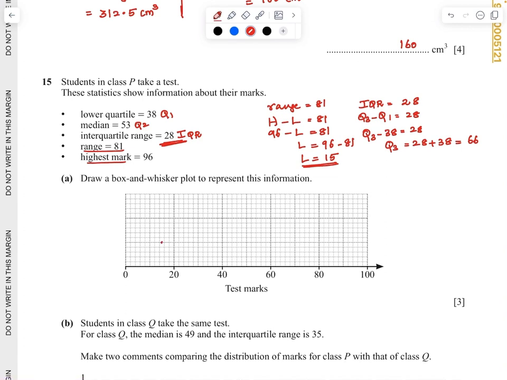The highest is 96. 80, 90, 92, 94, 96. Then Q1 is 38, median is 53, Q3 is 66.